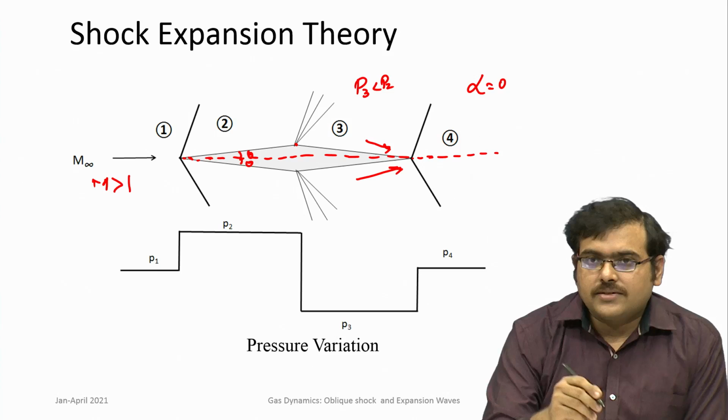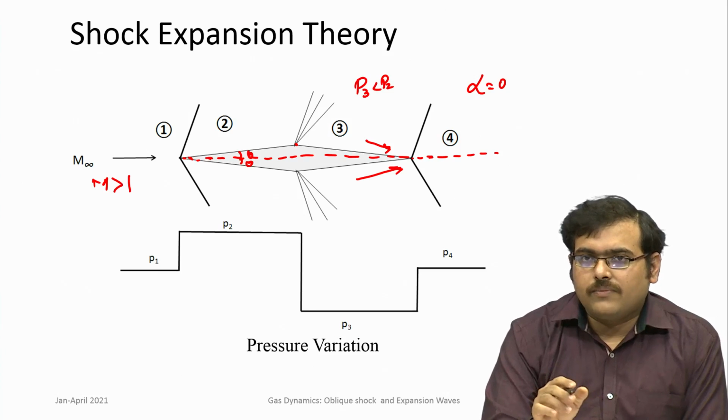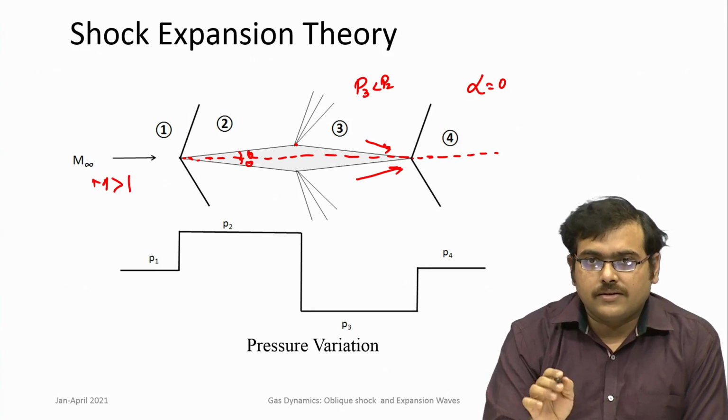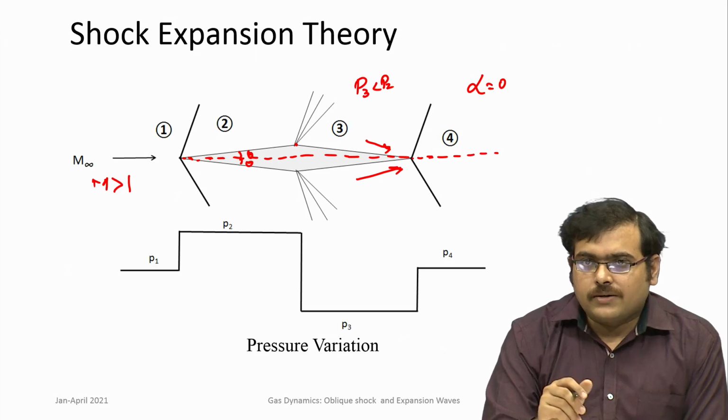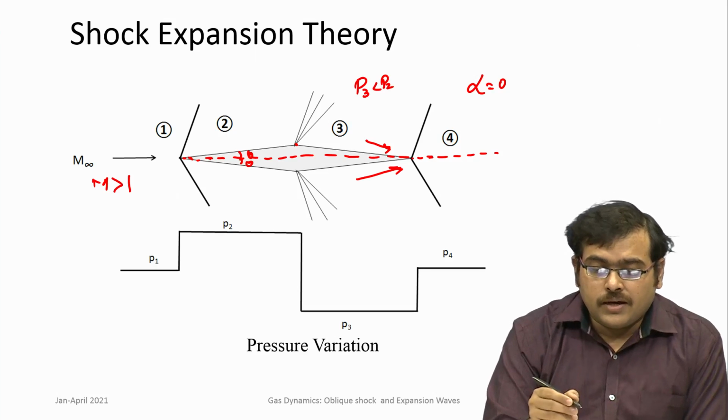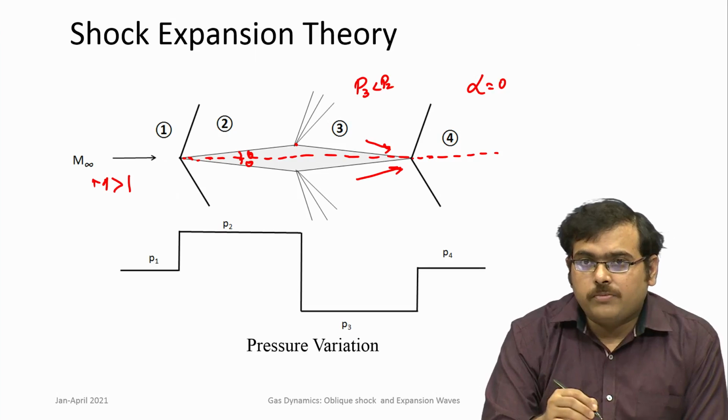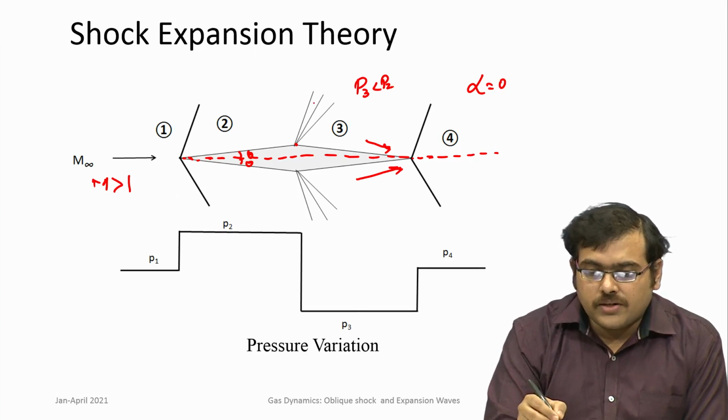You should always understand that in supersonic flow, what we had discussed earlier in terms of Mach waves, you have zones of silence and zones of influence. Unless a Mach wave passes a particular point, pressure does not change.